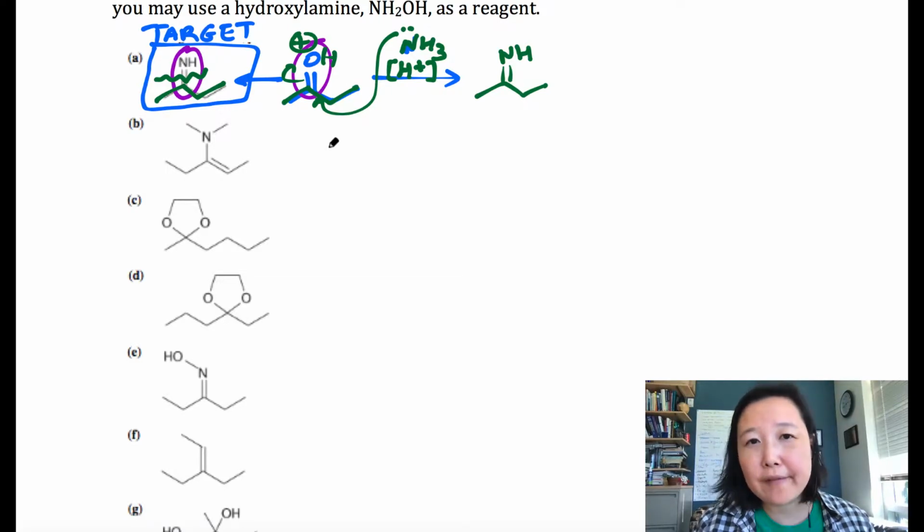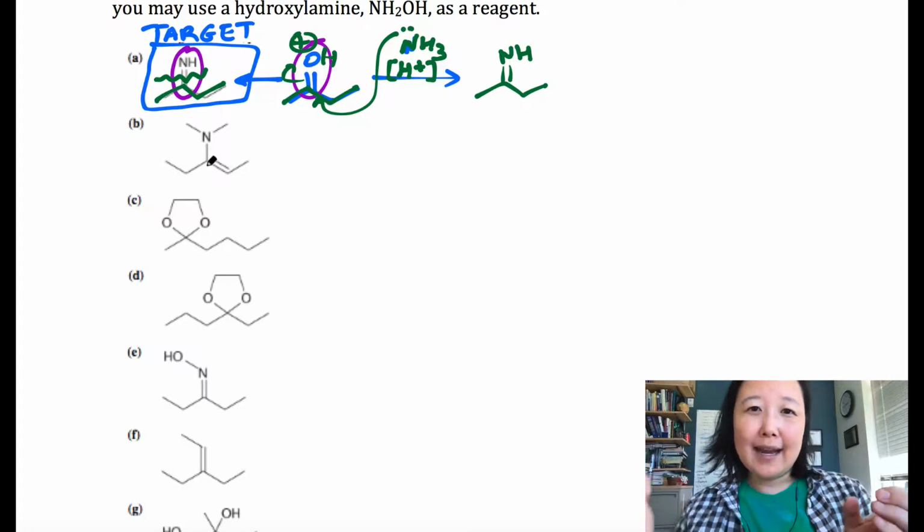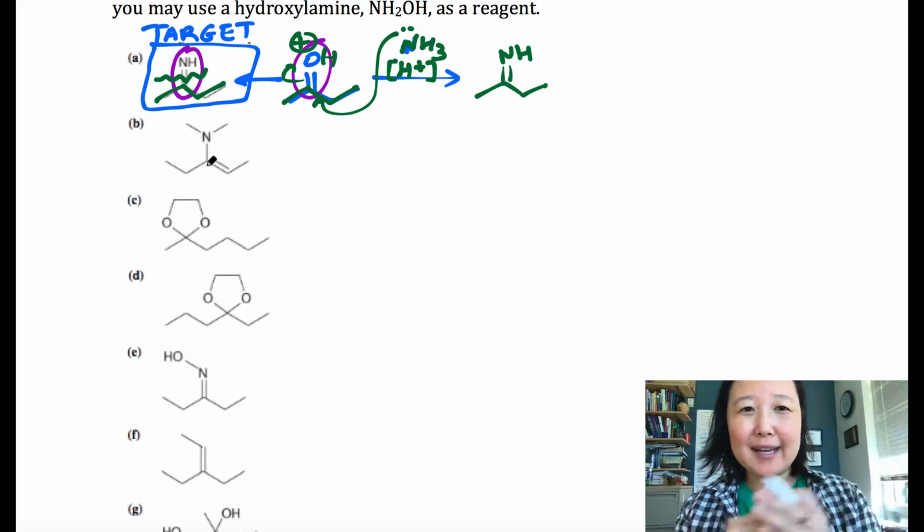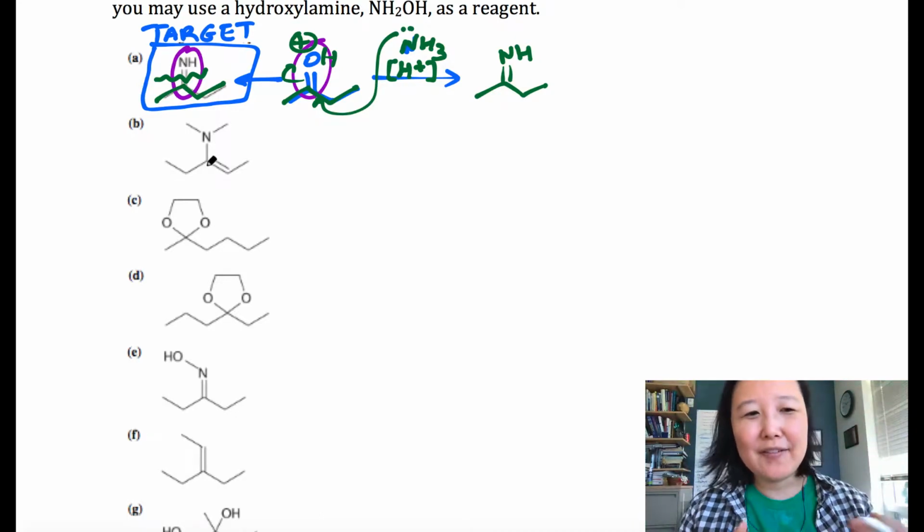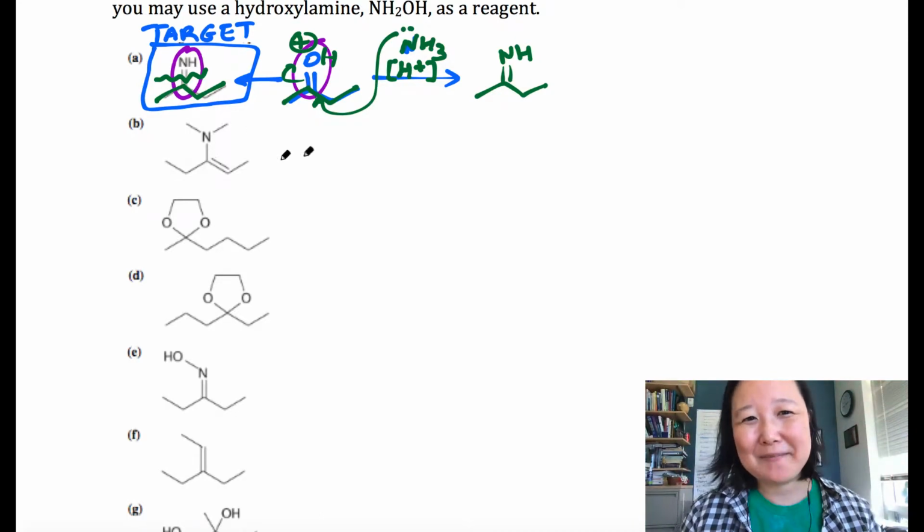Start with whatever 4 carbon unit you need and see if you can piece this together. And by the way, you can't use a ketone here for this one because that's a 5 carbon ketone. So you may need to think of a way to have a smaller ketone or aldehyde and then attach carbons to it, get your 5 carbon chain, and then do a reaction. See if you can figure it out. If you get stuck, just come back to here.